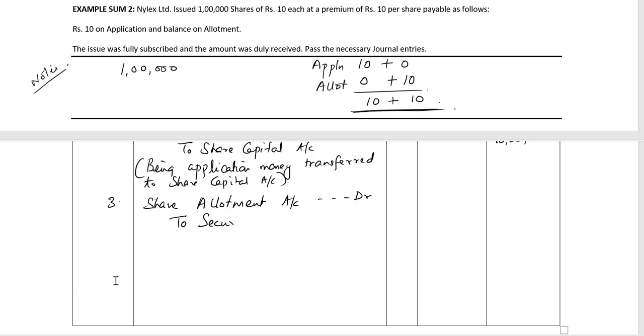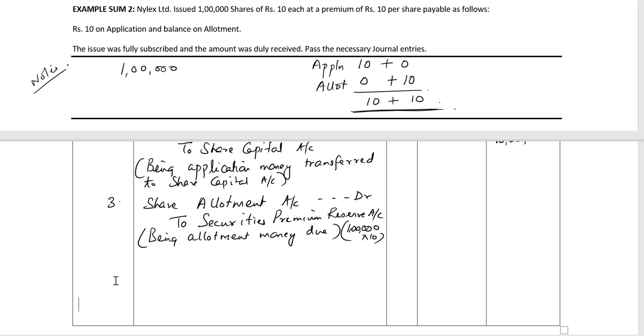So we will credit securities premium reserve account being allotment money due. The amount is for 1 lakh shares multiplied by the amount of premium, which is 10 rupees. So it's 10 lakh rupees.